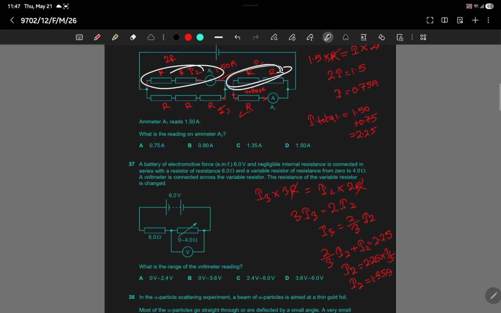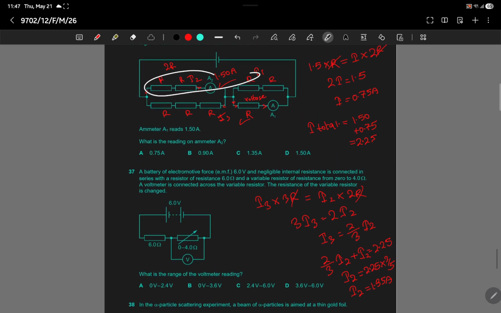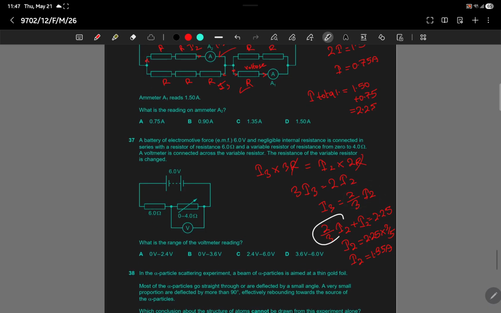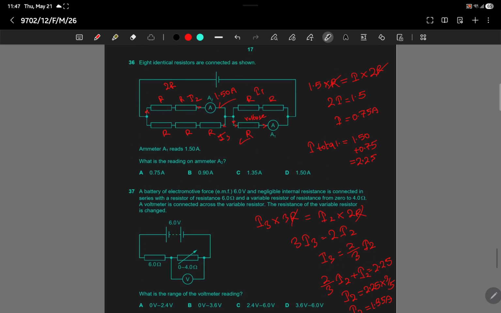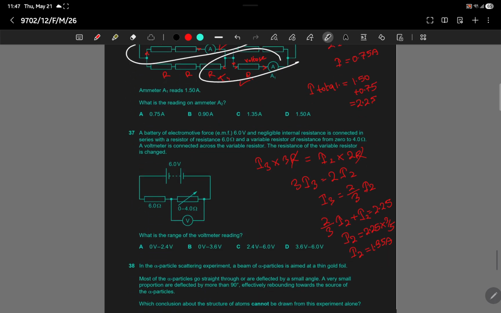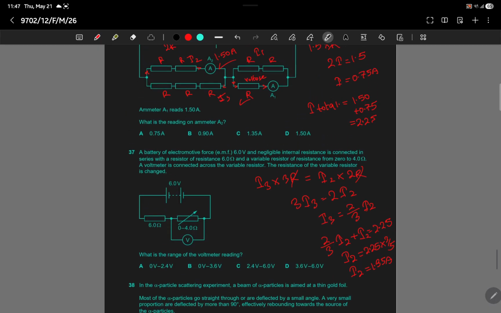This upper branch, lower branch, or you can crisscross this as well. By forming an equation here, we cancelled out and got this equation, and then we put that back over here. That means I2 plus I3 should equal 2.25. This upper branch can be equal to this. Hence, if we equate this, I2 comes out to 1.35 amps.